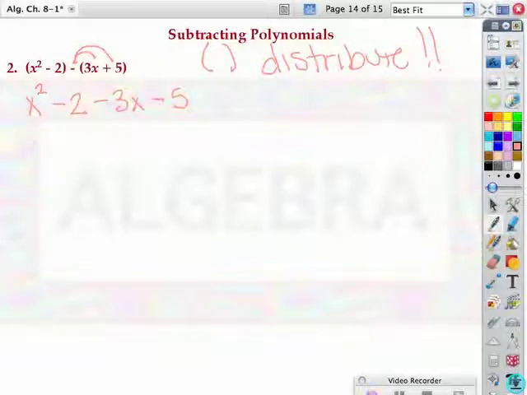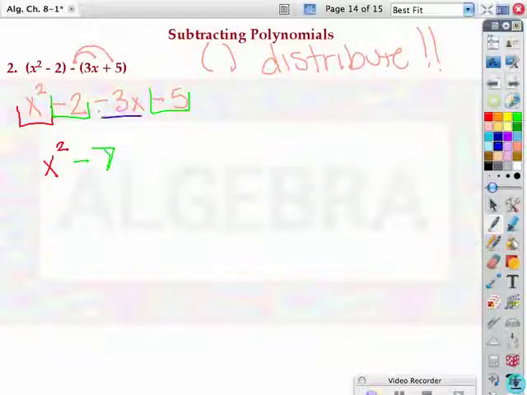Now combine all of your like terms. If you look at our example here, x squared does not match anything, so that's going to stay. Now as we move on, we have negative 2 and then a negative 5, and guess what? Those can be combined to a negative 7. And then our last one, our lonely negative 3x with nothing to combine with.